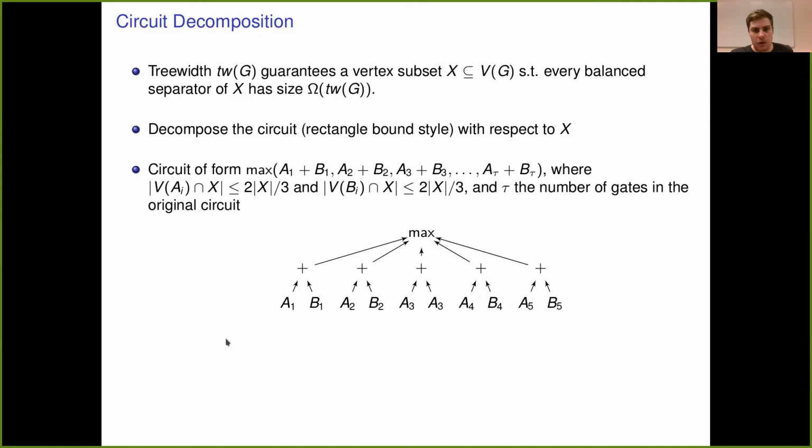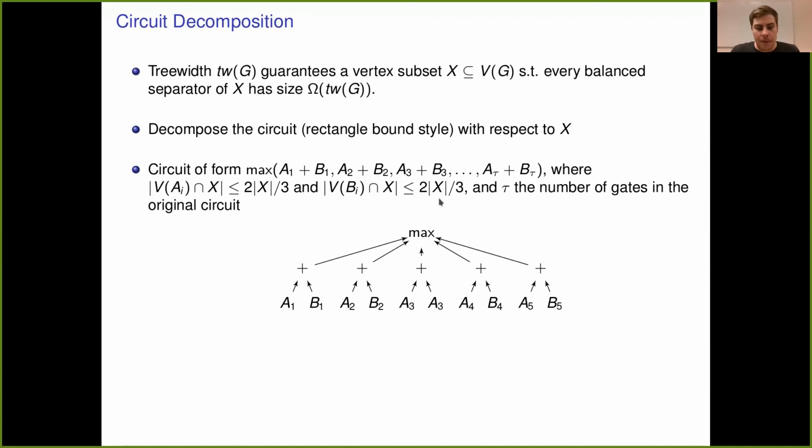We don't care about what happens below here, but for each AI we have that the intersection of V of AI with X is at most 2/3 of X, and the same also for B. So the intersection of each V of BI with X is at most 2/3 of X.